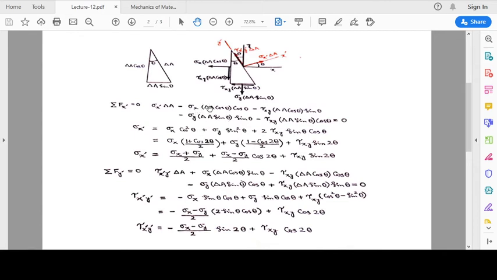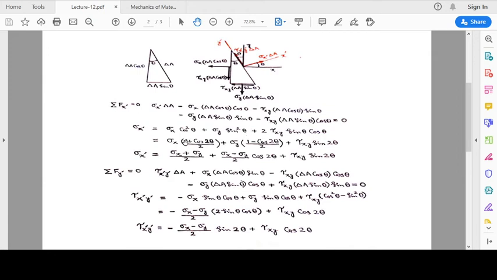So we are left with sigma x cos square theta, and this will also become positive on the other side. This is sigma y sine square theta, and these two are the same: tau xy sine theta cos theta. So this becomes plus 2 tau xy sine theta cos theta when we move it to the other side.